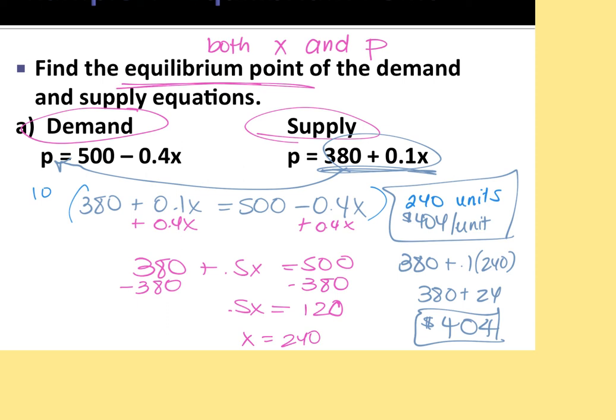Label X and P. It doesn't even have to be X and P as long as you say how many units. Like 240 units tells me that is X. And then the price per unit is the P. Questions on that one?